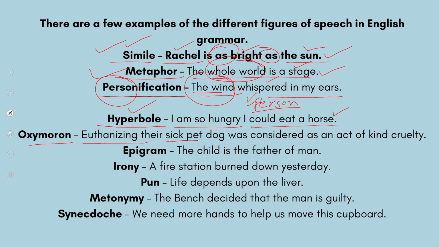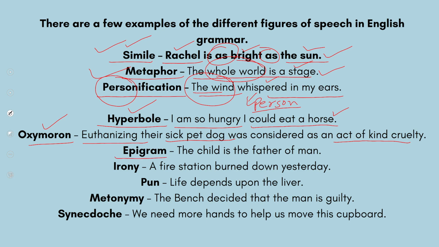Euthanizing their sick pet dog was considered an act of cruelty. Or we can say an honest thief. How is a thief honest? This is an oxymoron, because either the person can be honest or he can be a thief or a stealer. So it cannot be both. So this is an example of oxymoron.